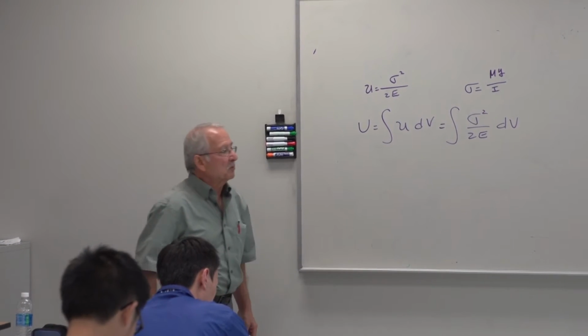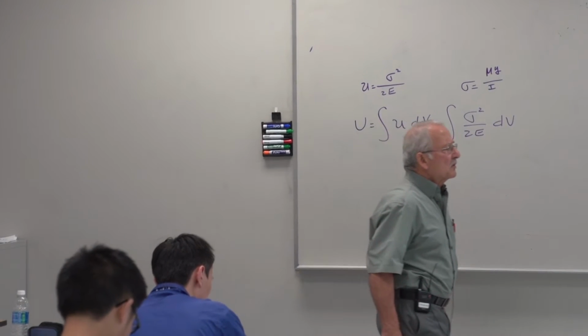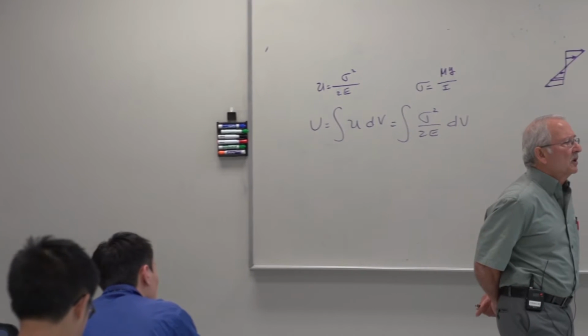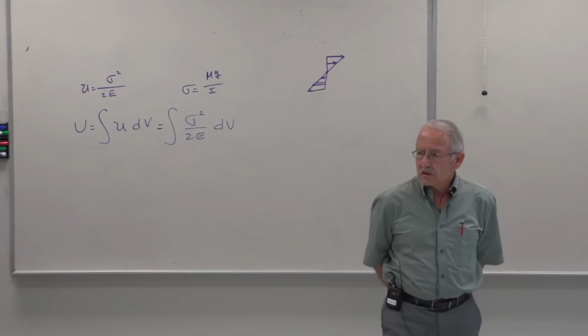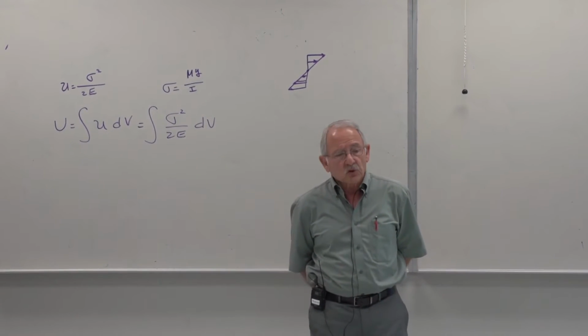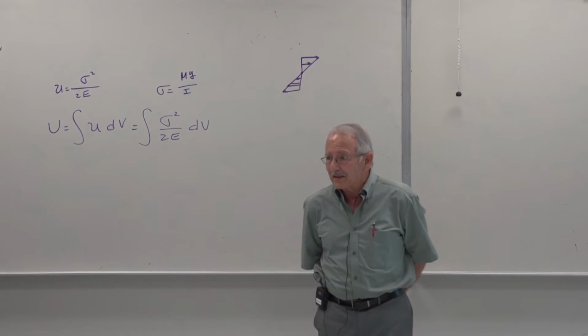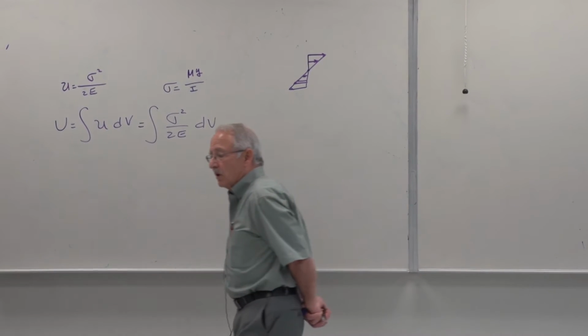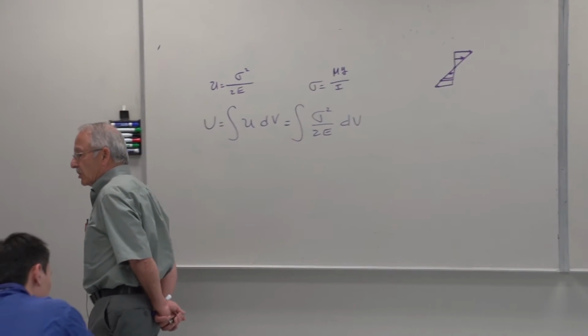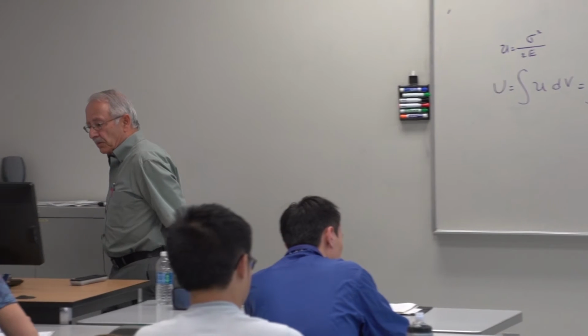And we'll take a look at that briefly at the end. In most of the problems that we will be doing here, unless you're told otherwise, you should assume that the beam is long enough so that you do not need to take into consideration the strain energy due to transverse shear.